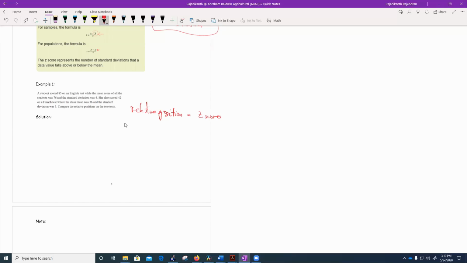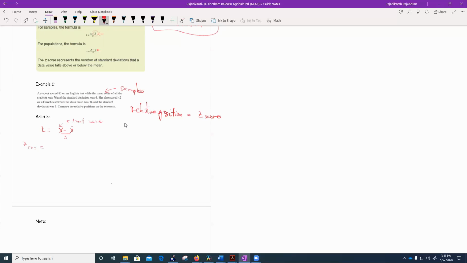Okay. So what is the formula? I'm assuming that this was my sample. So the z-score is given by x minus x bar over little s. I'm going to use this z-score formula twice because I have two different subjects. So let us find the z-score for English. I'm writing z sub English here. This x is your actual data value, or actual score.